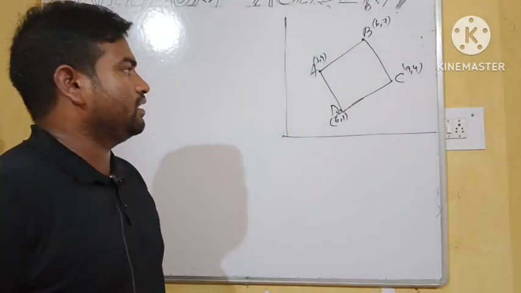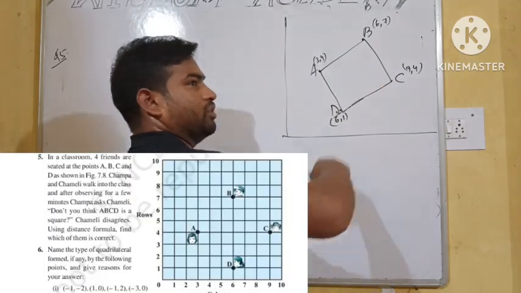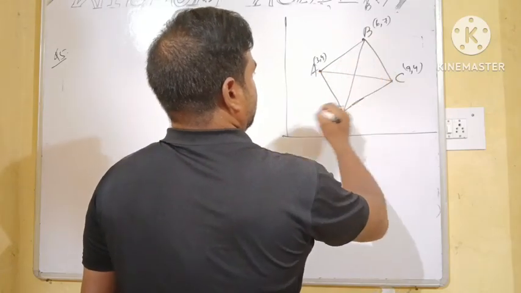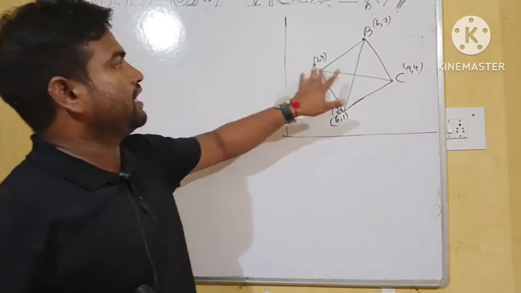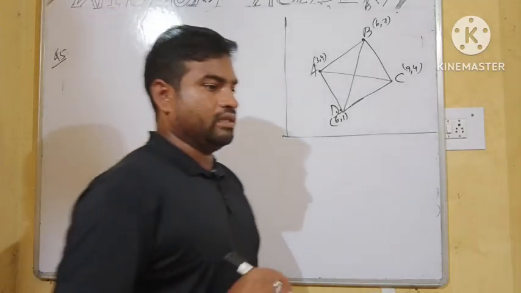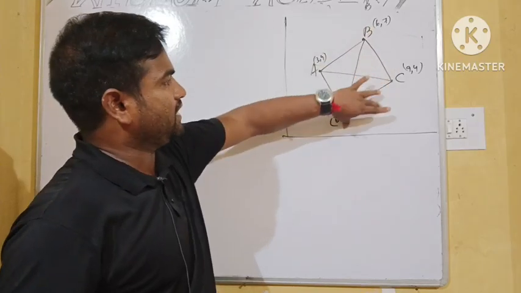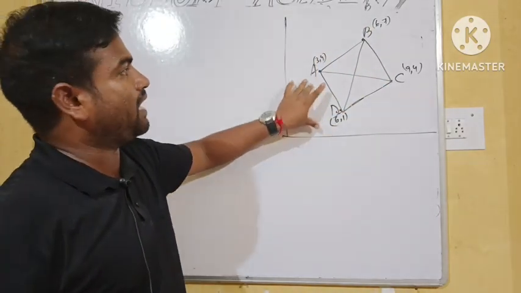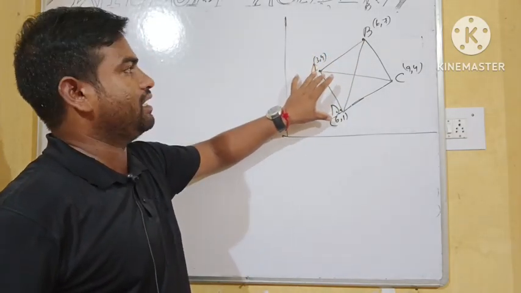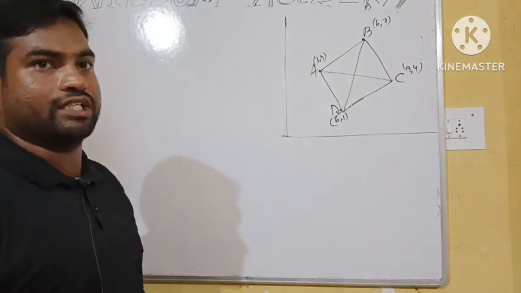So this quadrilateral is considered a square if four sides are equal and AC and BD are of equal length, then ABCD will be called a square, otherwise not. We have to find AB, BC, CD and AD. At first we have to find the distances of the four sides of this quadrilateral. If all are the same, then we have to find the two diagonals of this figure.